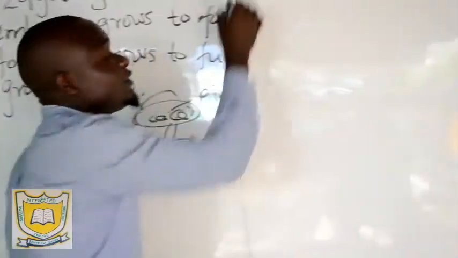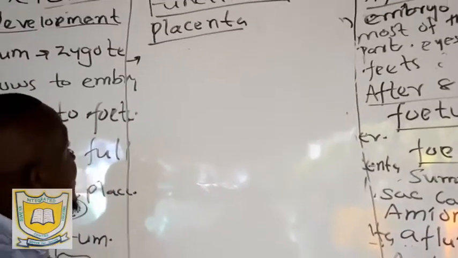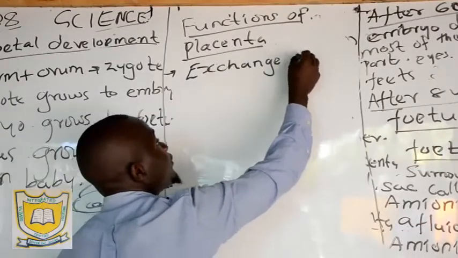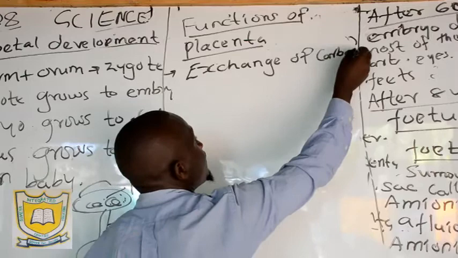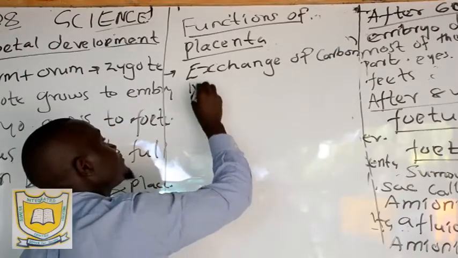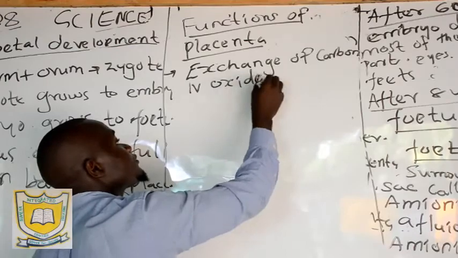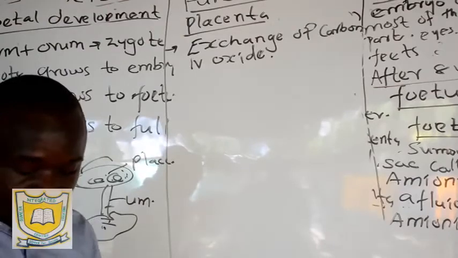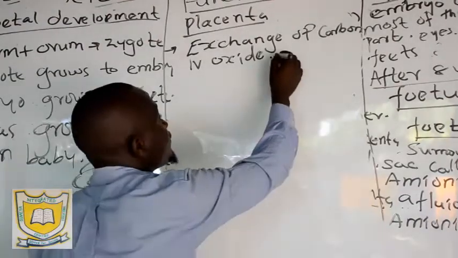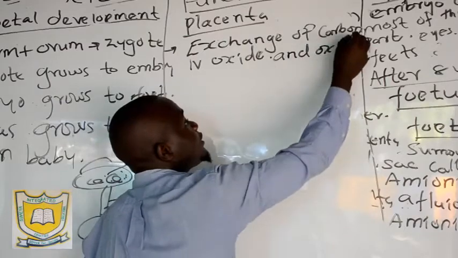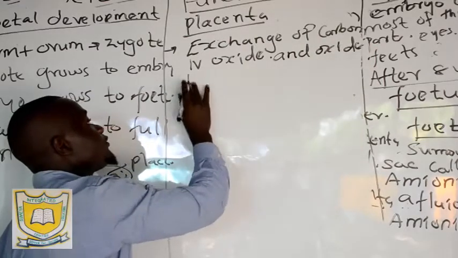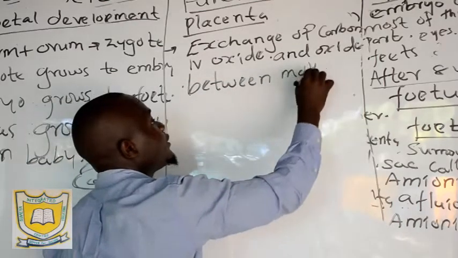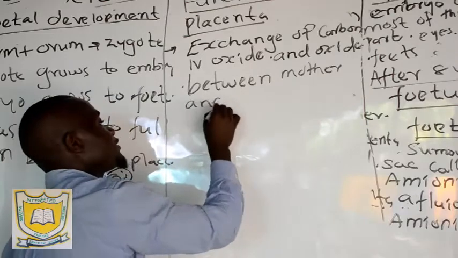Number one, the placenta helps in the exchange of carbon dioxide and oxygen between mother and fetus.